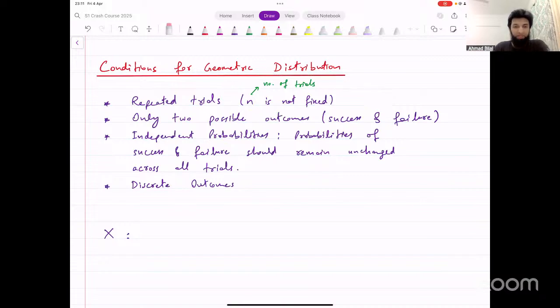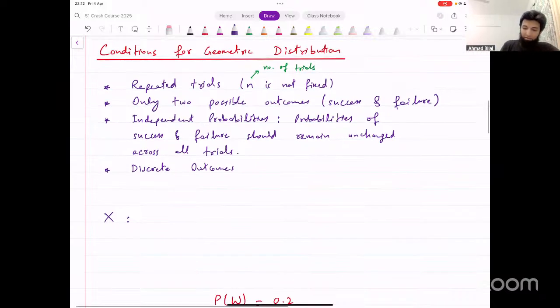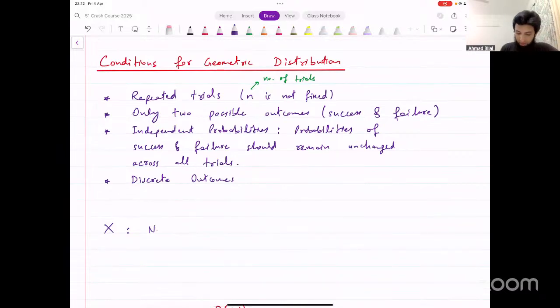But the major difference that you should actually look for to identify if it's a binomial distribution or a geometric distribution is in binomial distribution, you used to find the probability of getting a certain number of successes. Now here, you are finding the probability of getting your first success at a particular attempt. So you're talking about first success here.